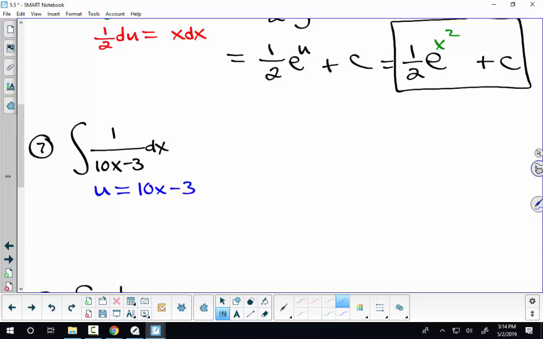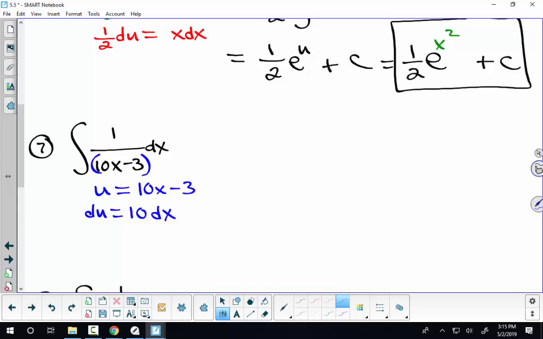So u is 10x minus 3, du is then 10 times dx. So this right here is our u. We've accounted for that. We need to account for the 1 and the dx, or just the dx here. Our original integral does not have the 10 involved, right?